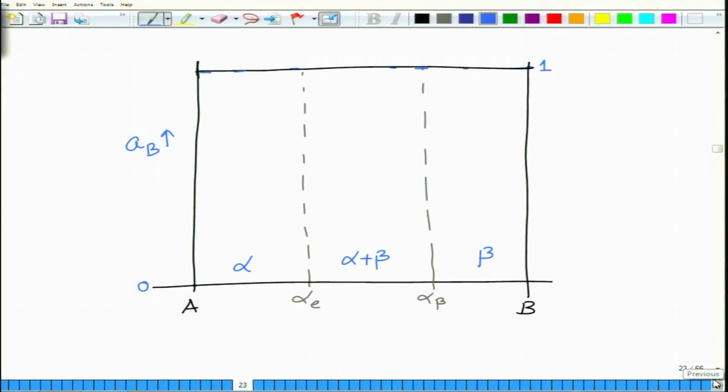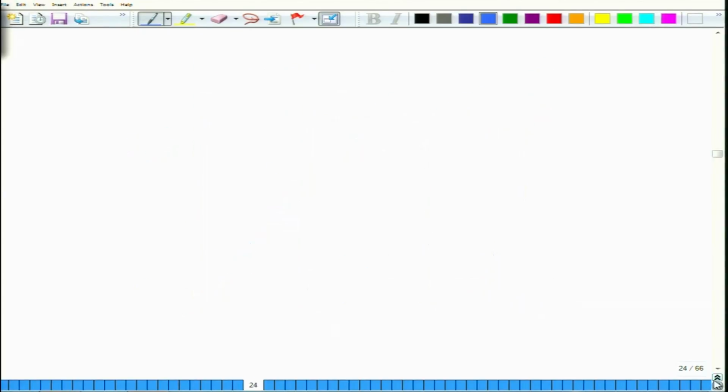So if I now plot here, A B alpha is equal to A B beta, and in other regions it goes like this. So this is the variation of activity.